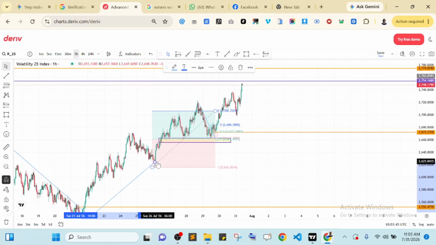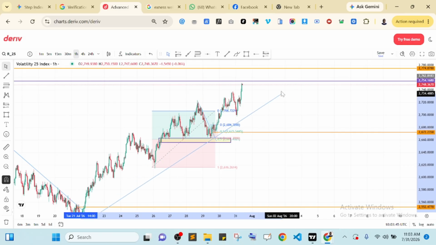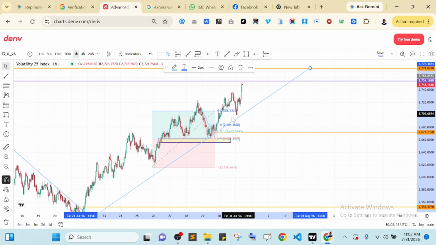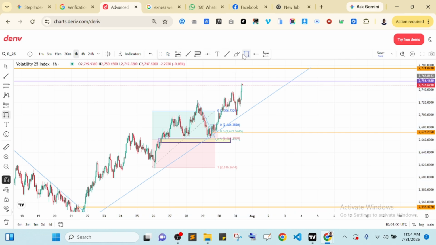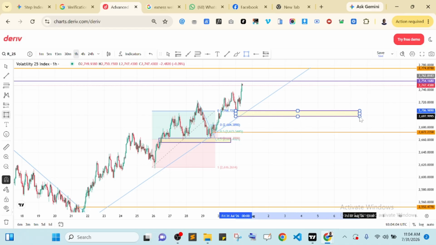I draw my trend line from this point. So can you see? Make sure it joins the lows together. Now on 1 hour, this is my recent low. This is my recent low.